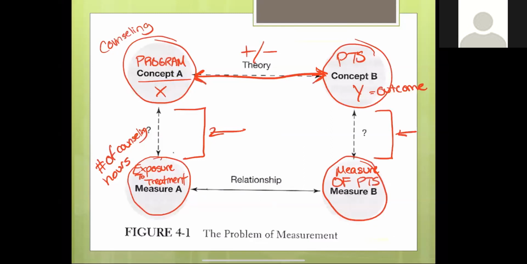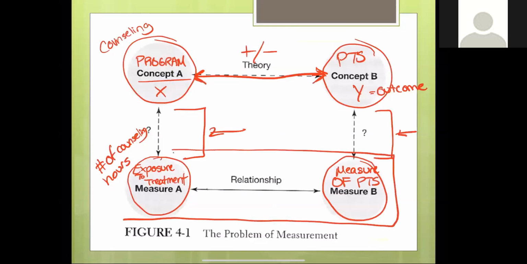So when we actually do our statistics, sit down and collect data, we are operating in this world down here where we've collected data and we are presuming that this represents this idea well enough that we can trust it, and this represents that idea well enough that we can trust it, and therefore our concepts are well represented.